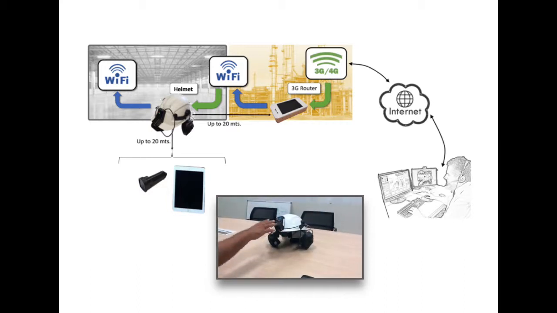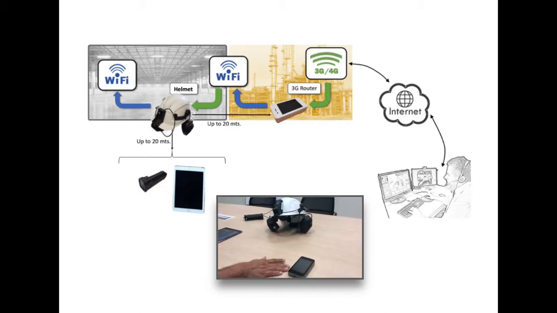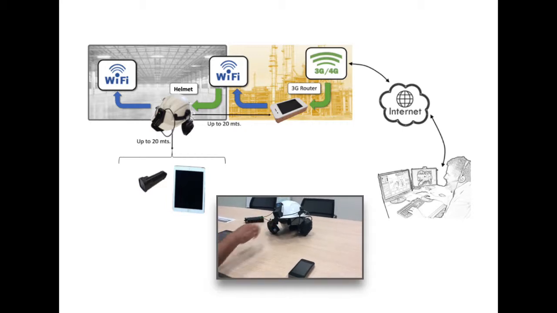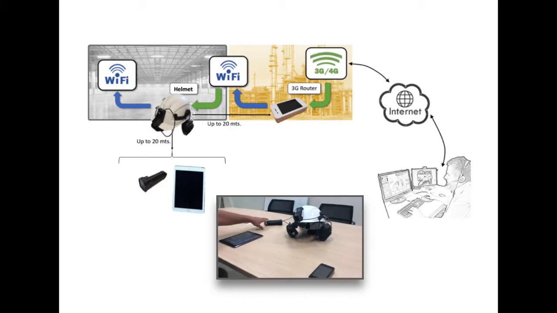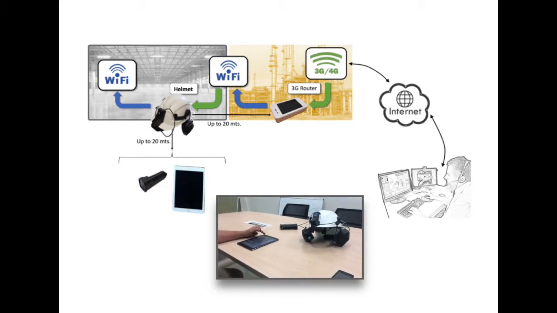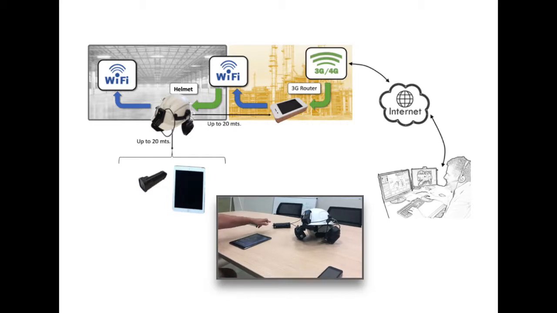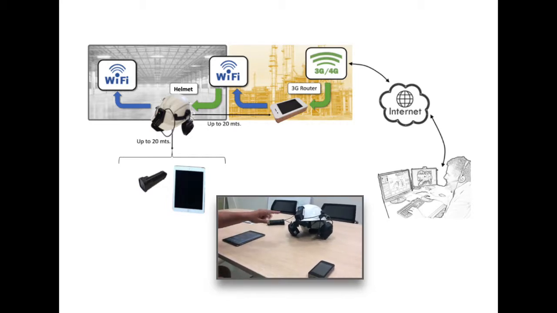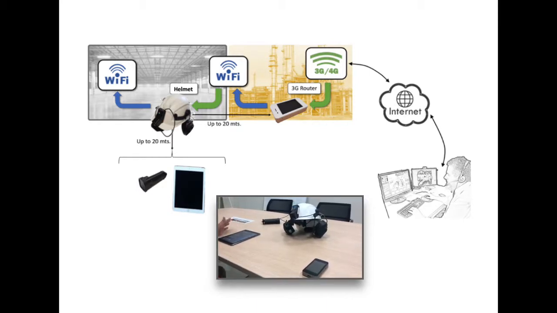The helmet connects to the router and therefore has access to the internet and broadcasts a local Wi-Fi network named real Wi-Fi, to which both the hand cam and the iPad must connect. We will see that the hand cam will connect automatically to this network, while the iPad must be connected manually to this network. And once the system is set up, then we can start the functionalities.